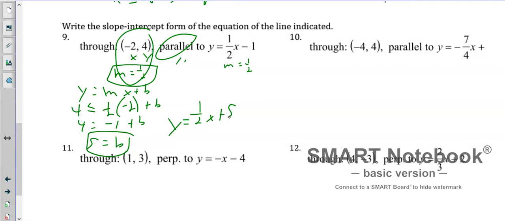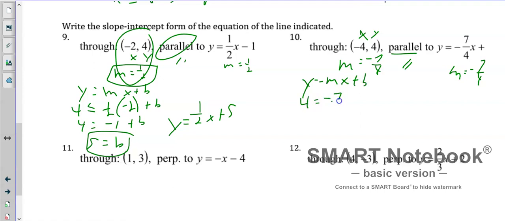Same thing over here. M is -7/4. It says parallel, so m is -7/4. And this is my x, and this is my y. So y equals mx plus b. My y is 4. My m is -7/4.